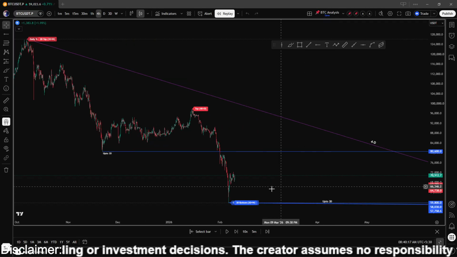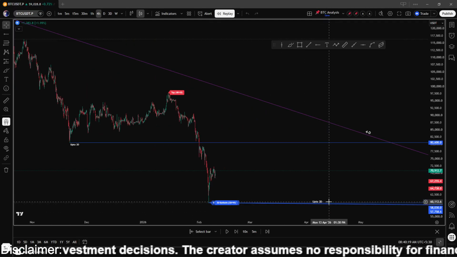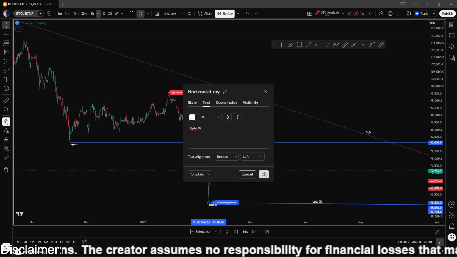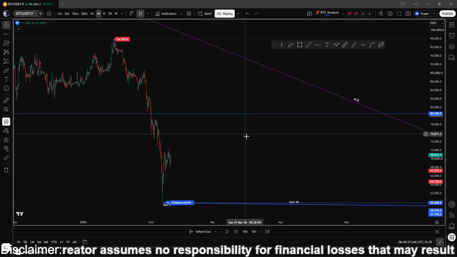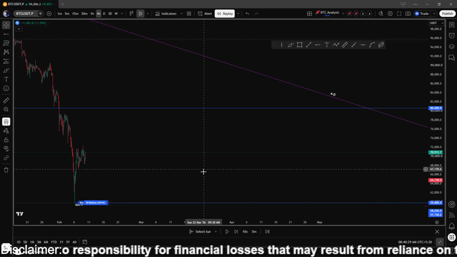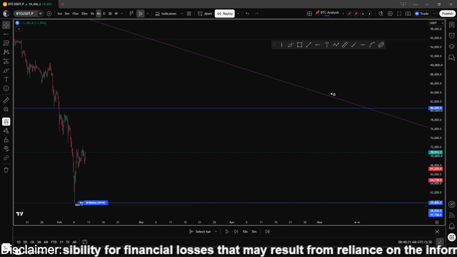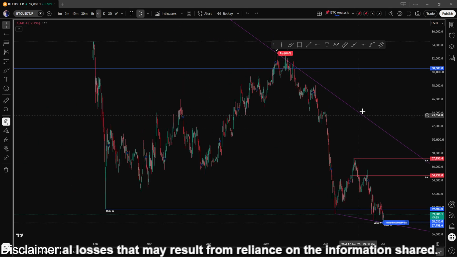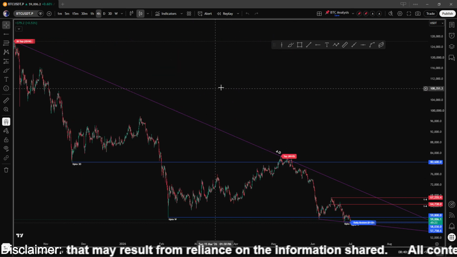So what I am going to do is mark this with up to weekly. Okay, and for the time being, let's delete this one. I will add that later. So now we have multiple levels.